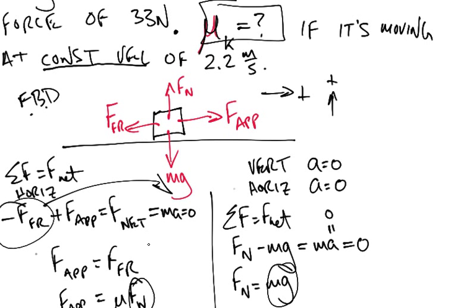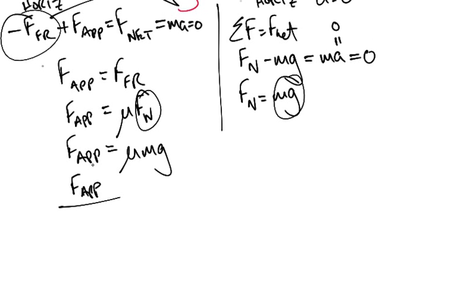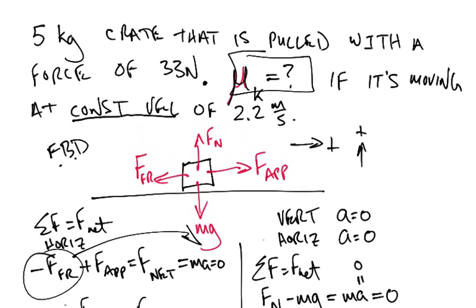And all we need now is to calculate mu. The way we're going to do that is we're going to substitute in our values. Well, first we'll solve for it algebraically. We get applied force divided by mg is mu. And now if we solve for that, the applied force was, I believe, 33 newtons from the question.